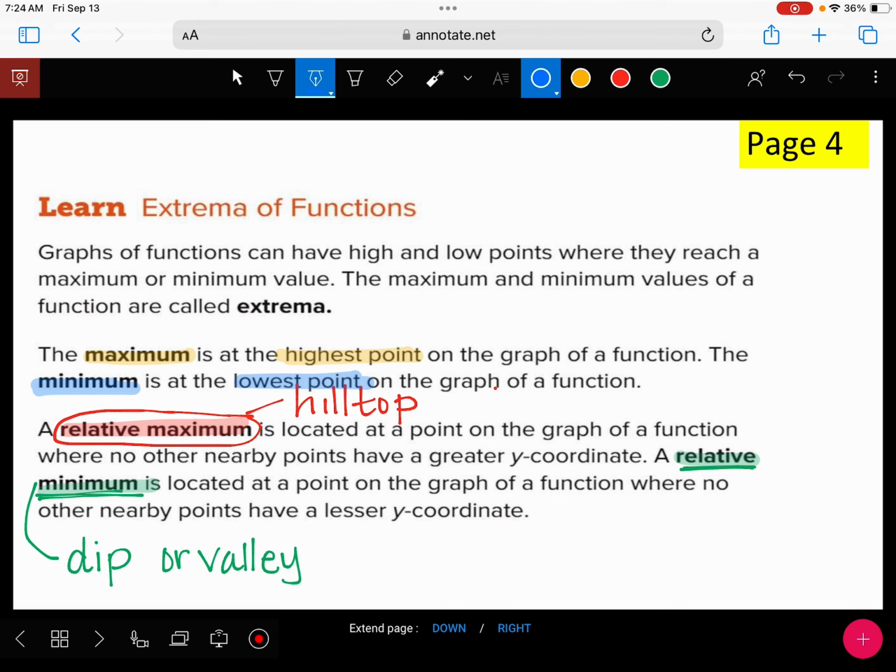I like to think of it as a bump in the graph. And the relative min, that's the opposite of a hilltop, which is like a dip or a valley. These are the 4 terms we're talking about today. I highlighted them. I'll give you a minute to annotate.